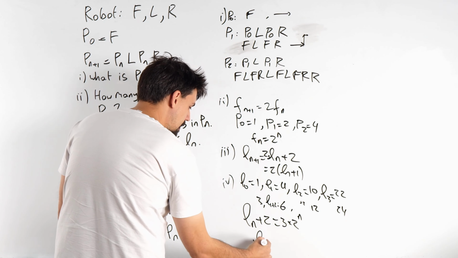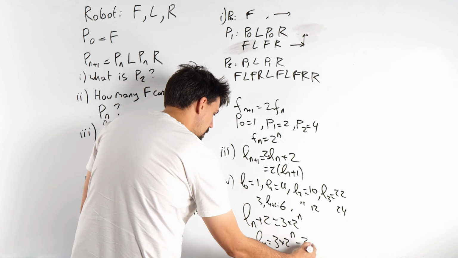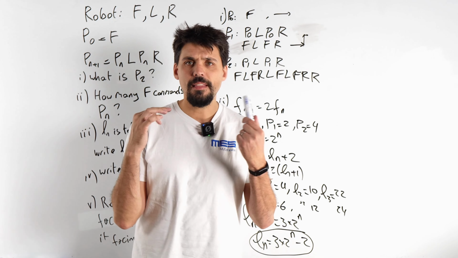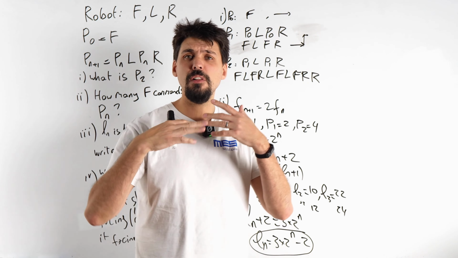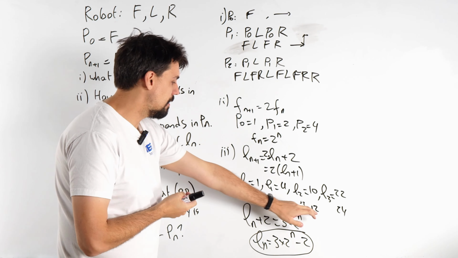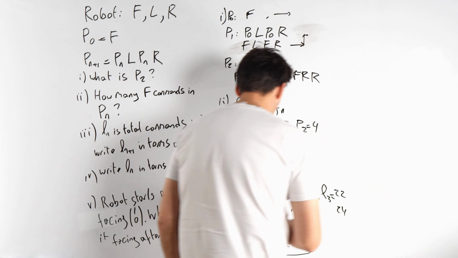So I'm going to say that ln is 3 times 2 to the n minus 2. Those of you that study further maths, that is a recursion relation that we can also solve, but that was not the aim of the game here. We were trying to see if we could spot the patterns.